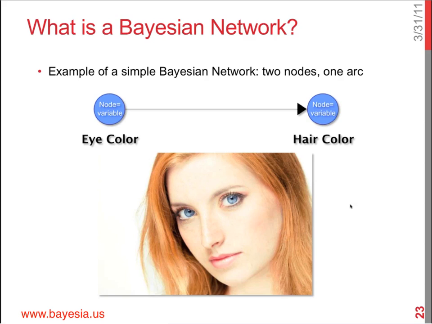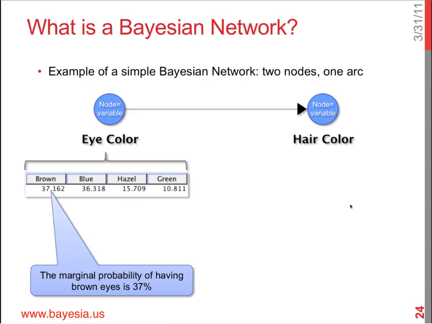So, for instance, now if I were to ask you, chances are we'll probably have a marginal distribution of eye color like this: brown, blue, hazel, and green. This particular marginal distribution relates to the overall population, I believe. And so the marginal probability of having brown eyes would be around 37%.